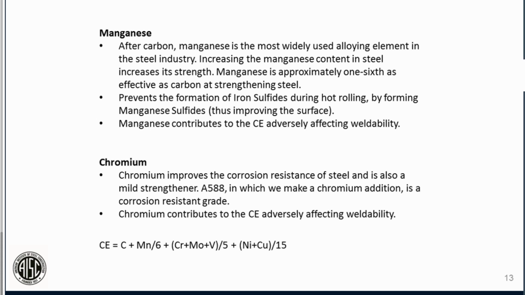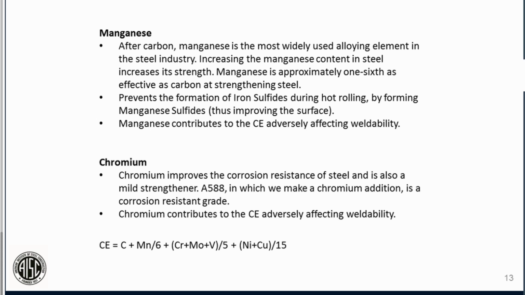The balance of all these alloying elements always affects the CE, which is the carbon equivalency, as it affects weldability. And we're going to discuss the CE formula there at the bottom. And if I would, I'm going to go to that right now. That's the CE formula. It's in the A992. Basically, what CE does is give the user an indication of what the heat-affected zone hardenability will be, which can potentially lead to cracks.